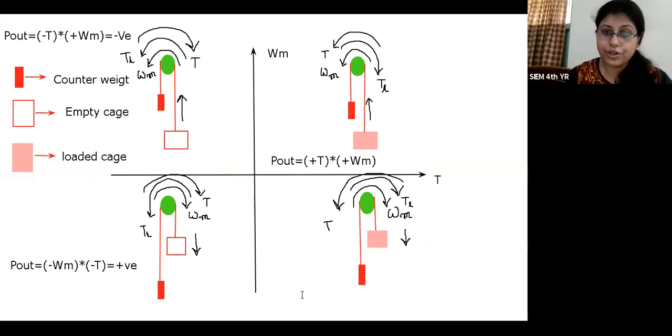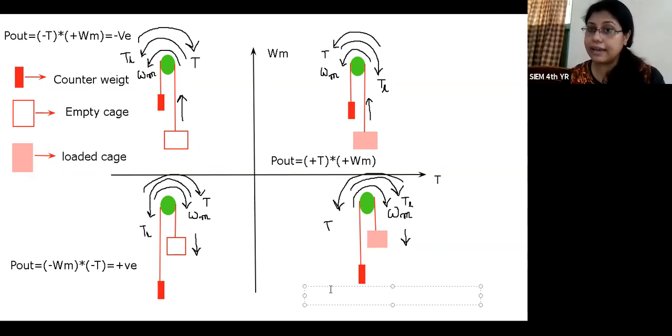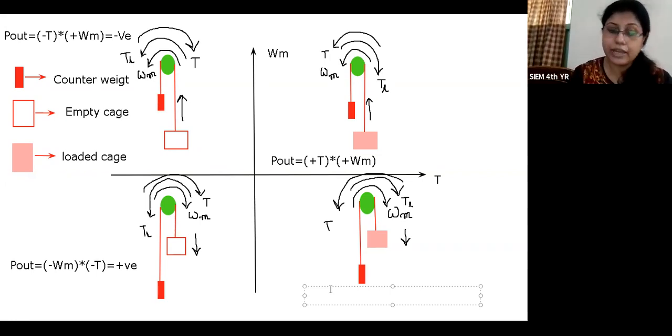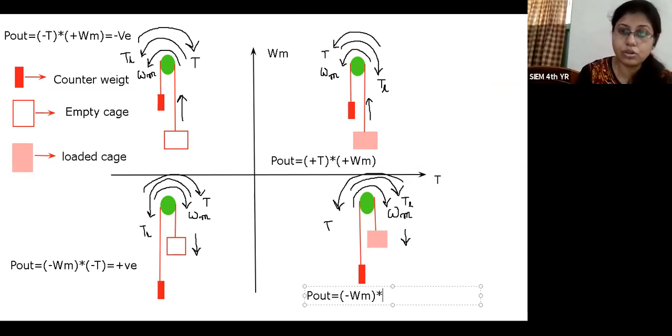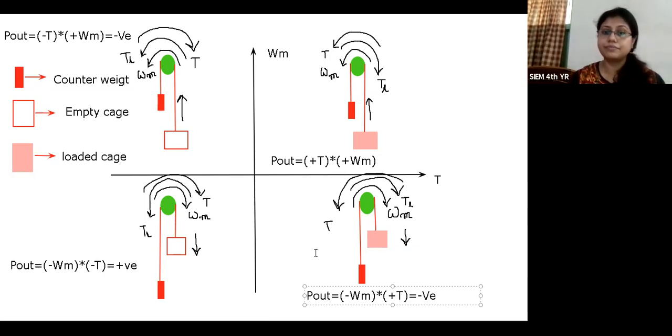Now in the fourth quadrant, we can see that omega m is negative, but torque is positive. So P output is equal to minus omega m into plus torque. So that means negative. Okay. So this is the fourth quadrant operation.